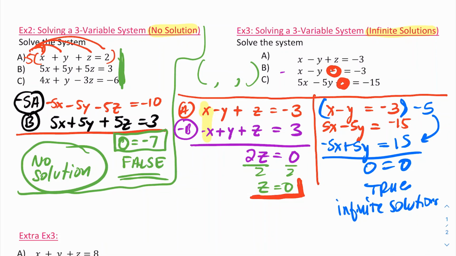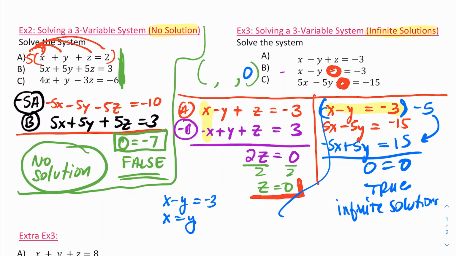Z is 0. However, the x and the y are... Actually, we could just do this here. So if I take this part right there and I just solve for y, all right, so I have x minus y equals -3.